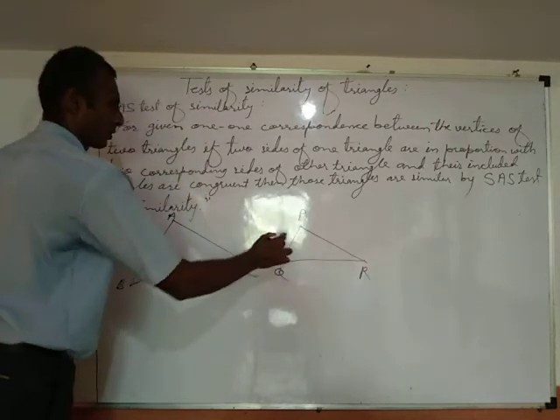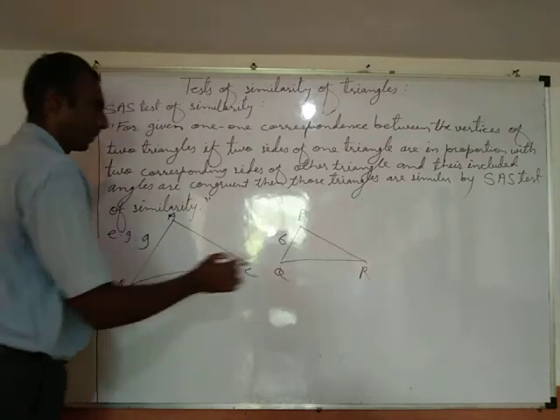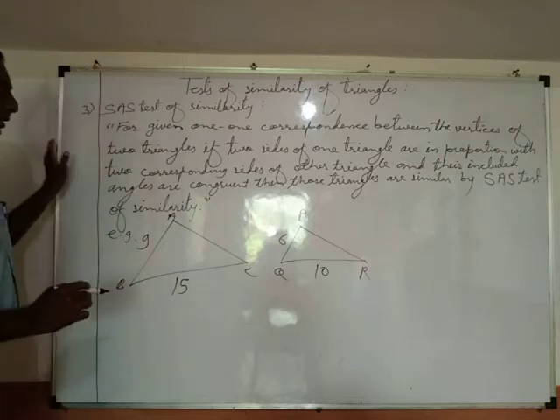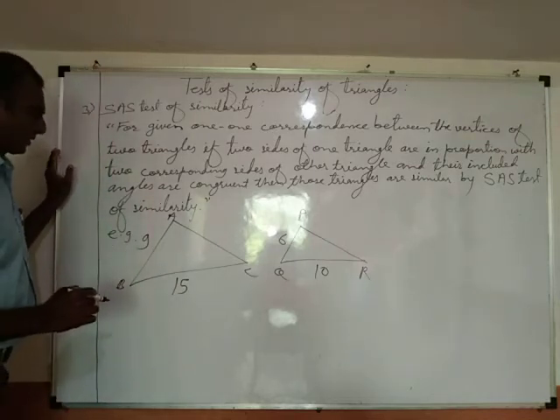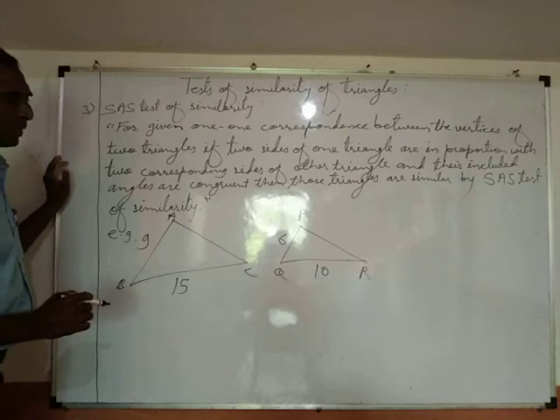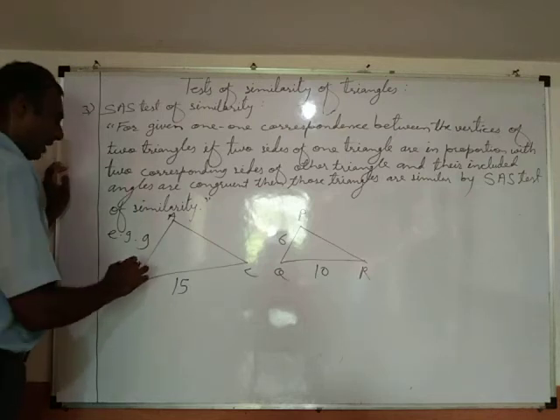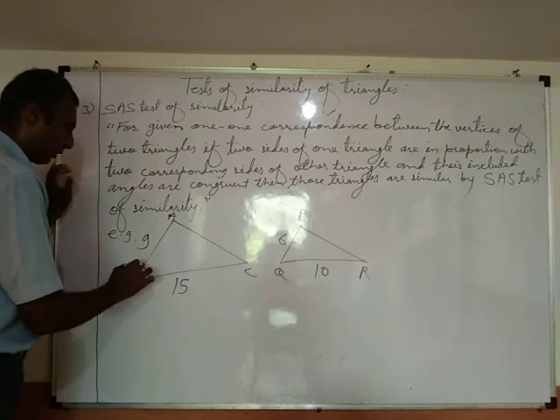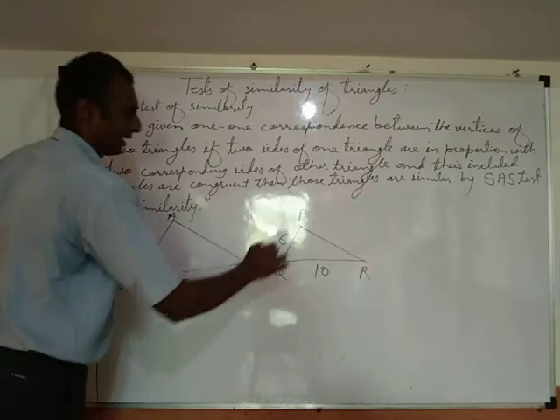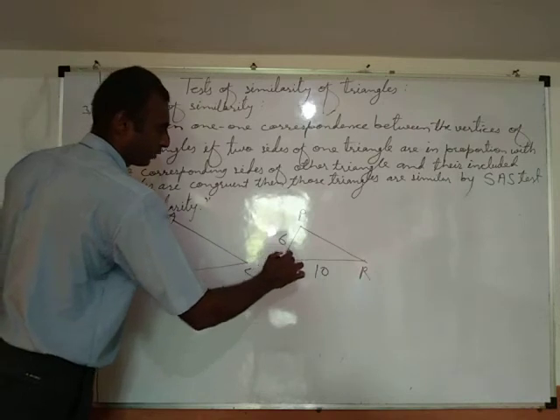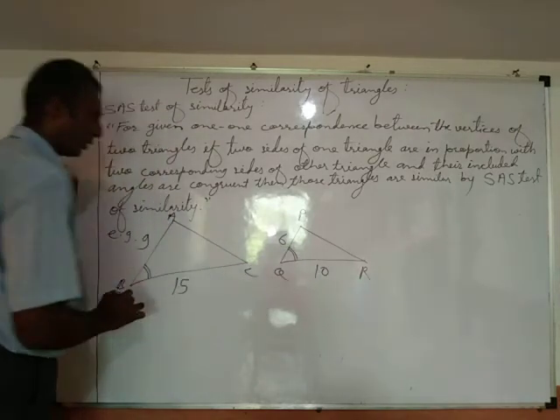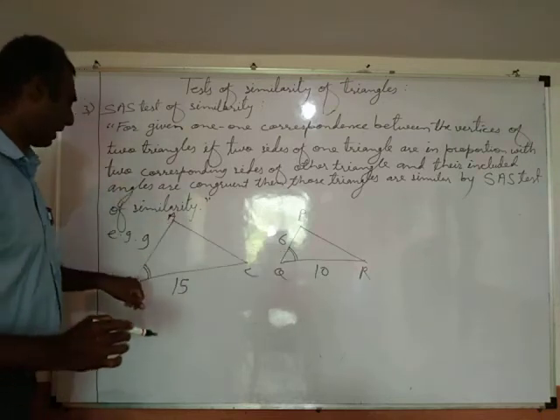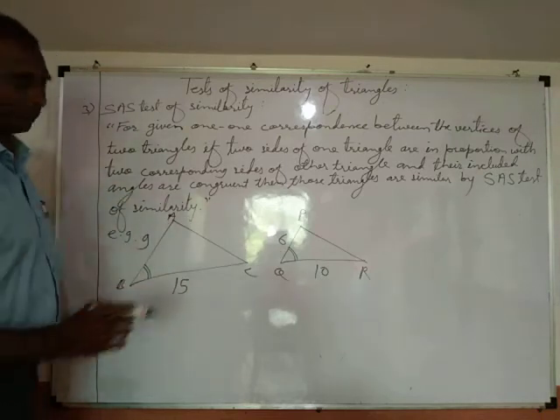Let us suppose AB is 9, PQ is 6, BC is 15, QR is 10, and included angle of AB and BC is angle B, while included angle of side PQ and QR is Q, which are congruent. We have shown those elements by identical marks, means angle B is congruent with angle Q.